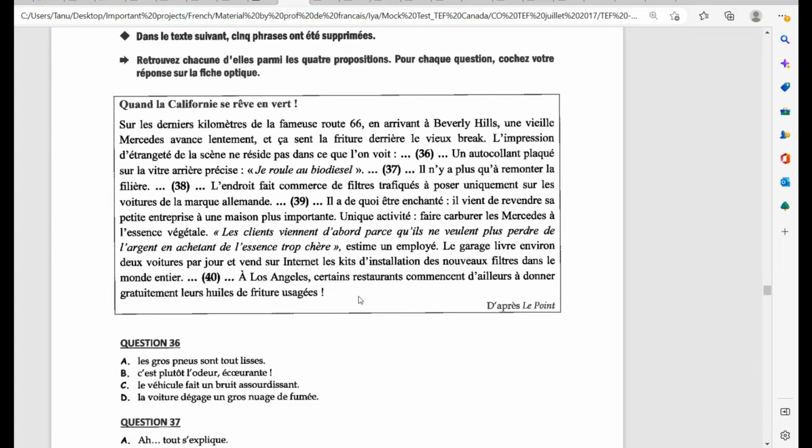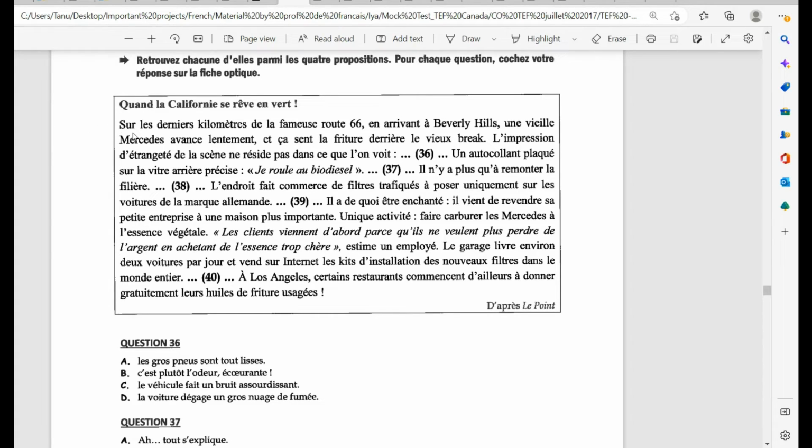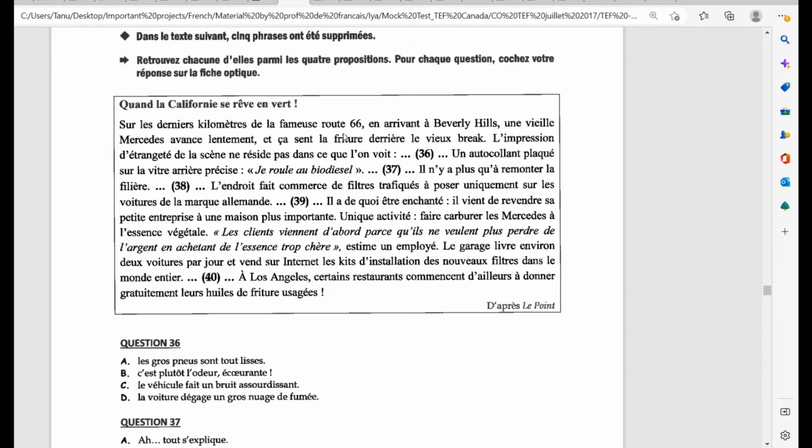Done? Let's get started. Sur les derniers kilomètres de la fameuse route 66, en arrivant à Beverly Hills, une vieille Mercedes avance lentement et ça sent la friture derrière le vieux break. So this is a particular route, Route 66, which goes towards this hill.